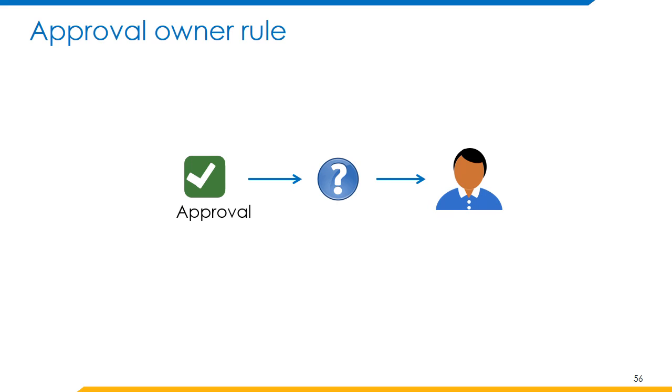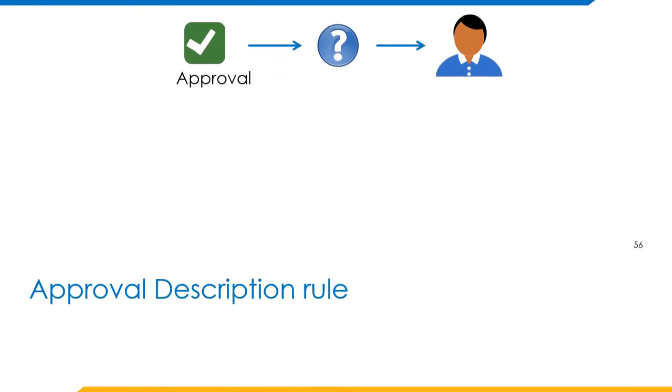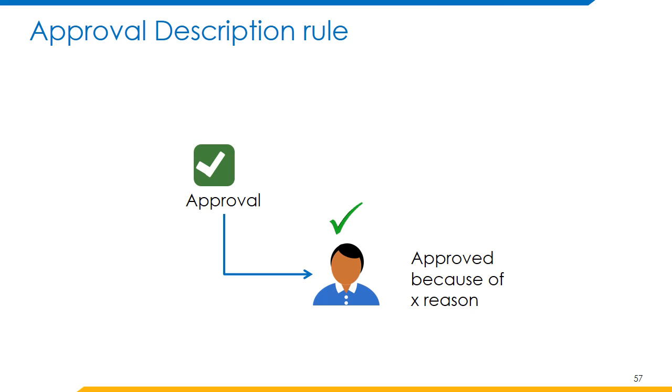Because in IdentityIQ, groups are also represented as identity objects, the corresponding identity object could delegate it to the work groups as well. Approval description rule.